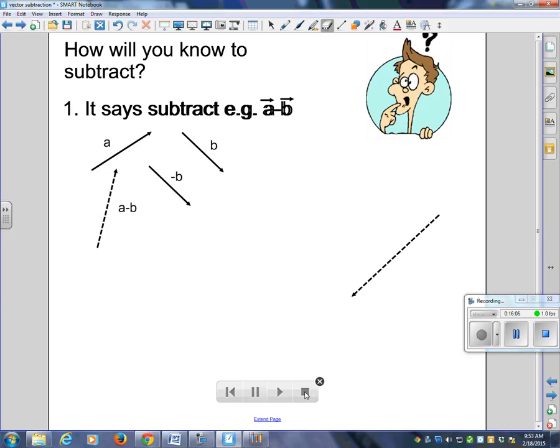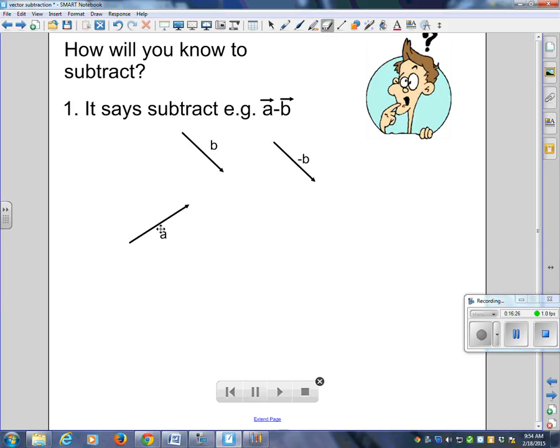Watch. Okay. There's A. There's B. Actually, there's probably a small little mistake here, because I think it comes up and it says minus B. Well, what did it not do? Switch it around, didn't it? And then it took A over here, and it's going to drag it down here. There's A, but remember it's supposed to be the other direction, right?